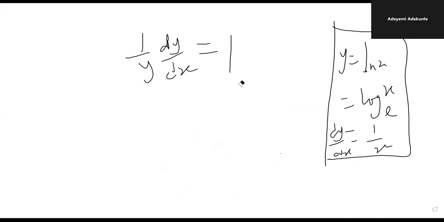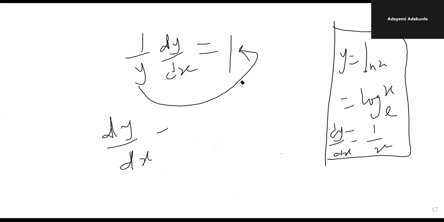All right. So taking this y to the other side here, it means I can say that my dy dx is equals to 1 times y. Then dy over dx is equal to y. Now let's replace it. What is our y itself?